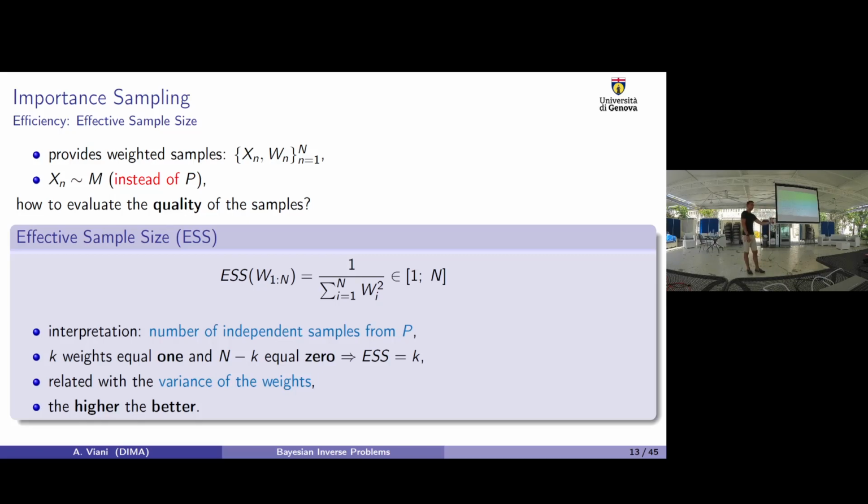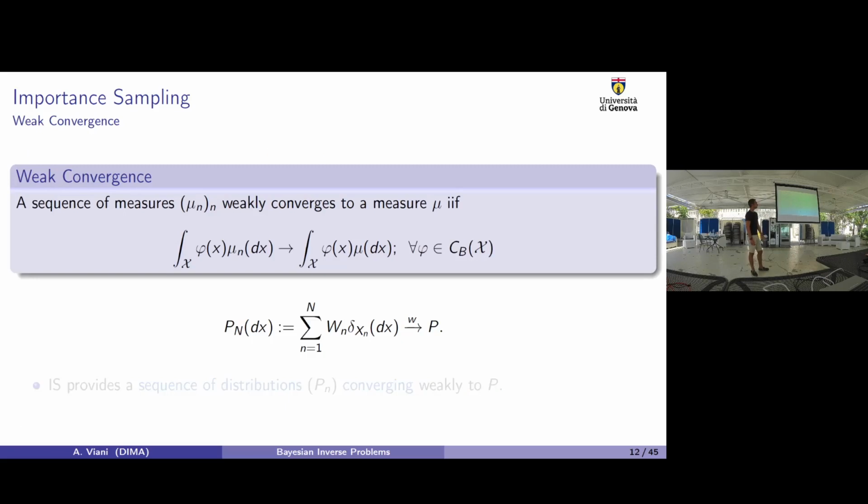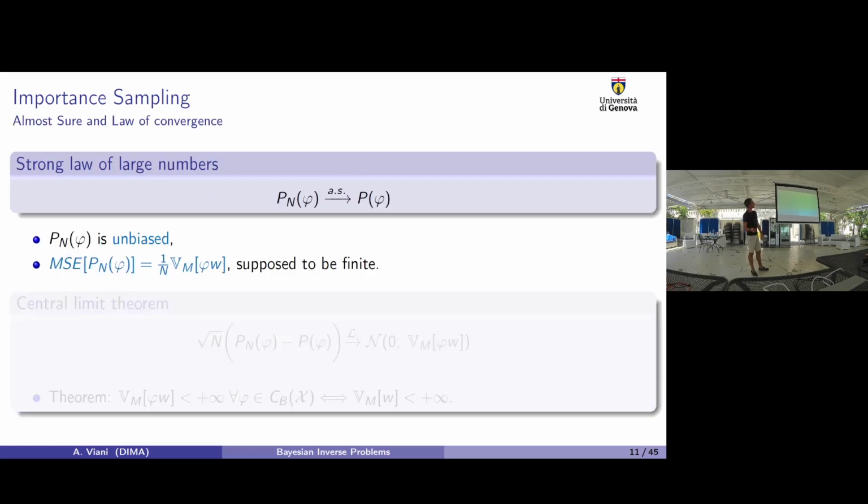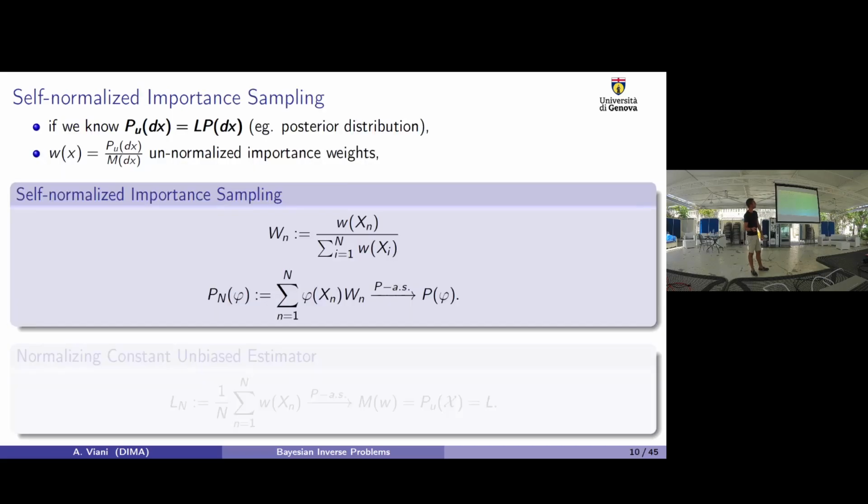This is not the true definition, but it's useful to see it like that. Why? Because if we think that k weights are equal to 1 and the others are equal to 0, then the ESS is equal to k. And what does it mean that a weight is equal to 1? I'm just going back to the definition a little bit.